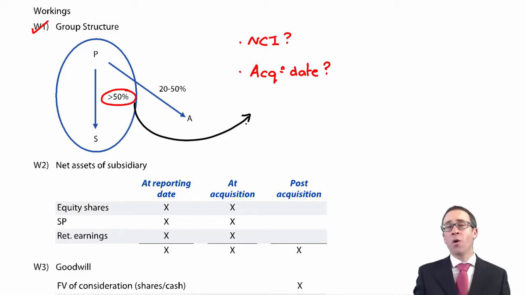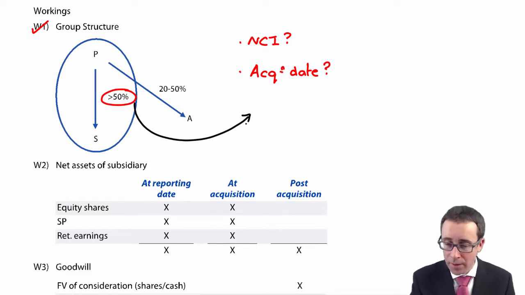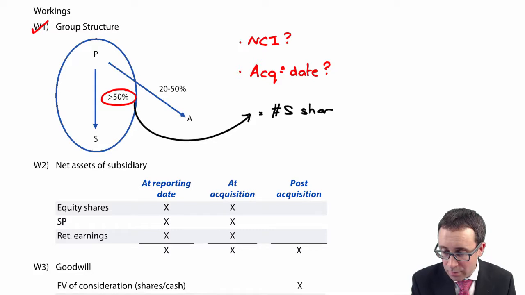But you might not be told the number of shares or the percentage that you own. To be able to calculate it, you can look at the number of S shares that you have bought. So maybe 75,000 divided by the number of S shares in issue.